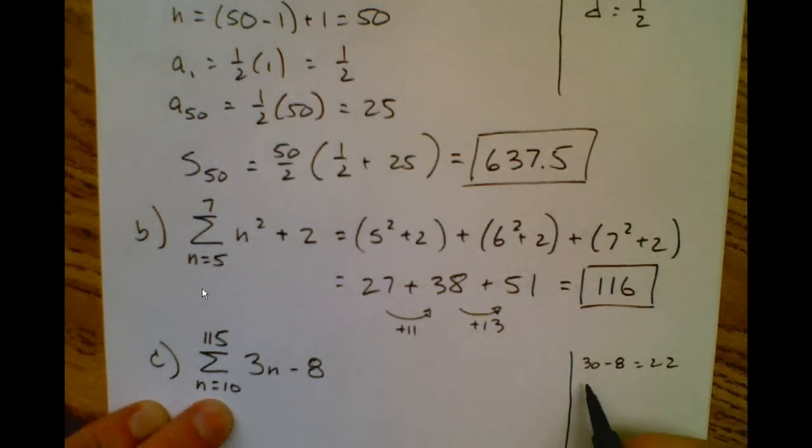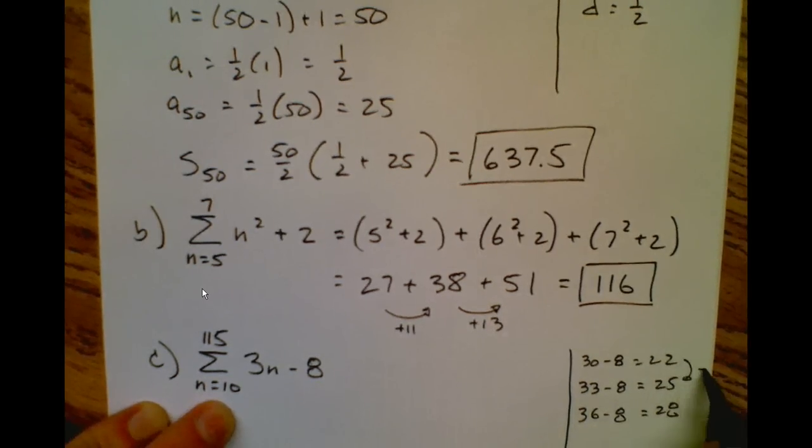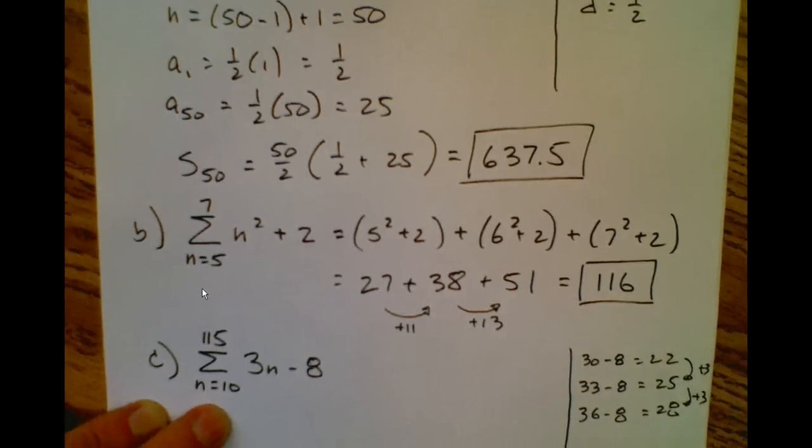When I plug in 11, I'm going to have 33 minus 8, which is 25. When I plug in 12, I'm going to have 36 minus 8, so that's 28. So we can see it's going up by 3 each time. So we do have an arithmetic sequence.